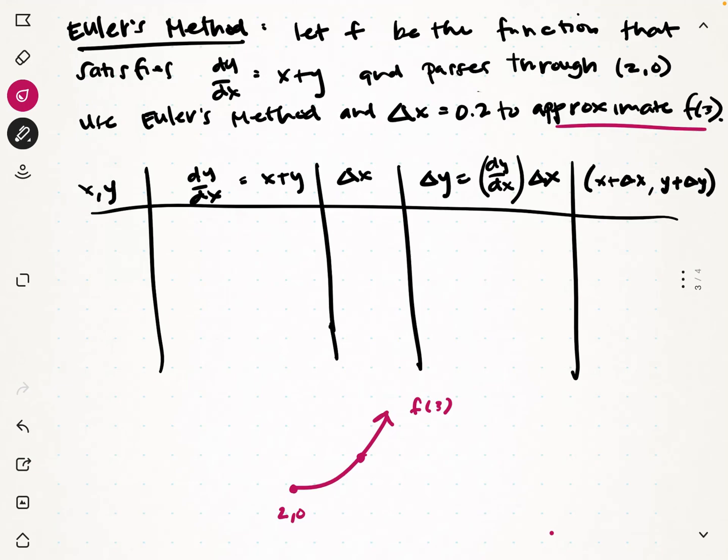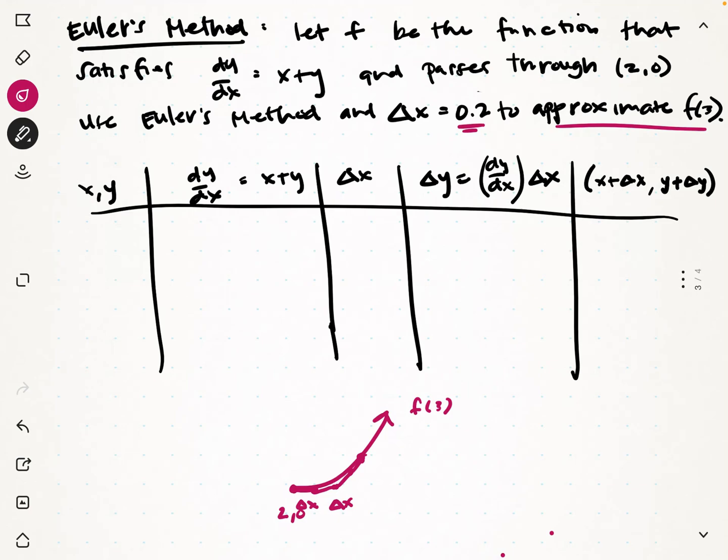So we take one approximation, then a slightly closer approximation, and a slightly closer approximation. Each time we move a little bit ahead, it gets more accurate. Each time we do another approximation, it jumps ahead delta x, so that would be 0.2 units, until we get a pretty good approximation when we reach the end.